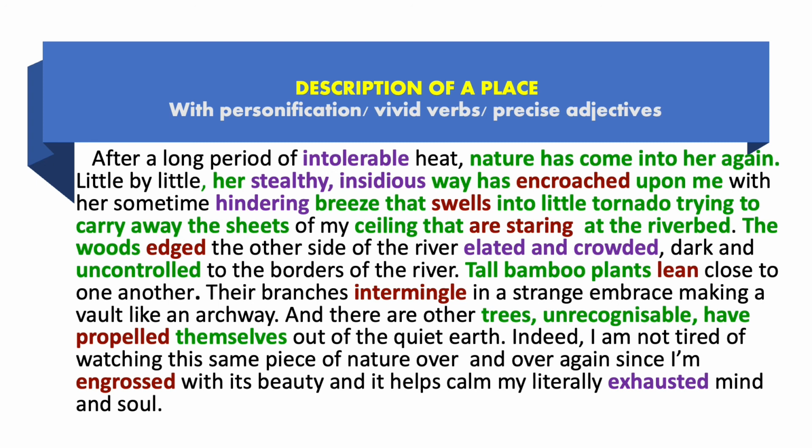Then a set of precise adjectives such as intolerable, stealthy, insidious, hindering, elated and crowded, exhausted are used, while vivid verbs like encroached, swells, staring, edged, lean, intermingle, propelled, and engrossed are used to beautify the language.